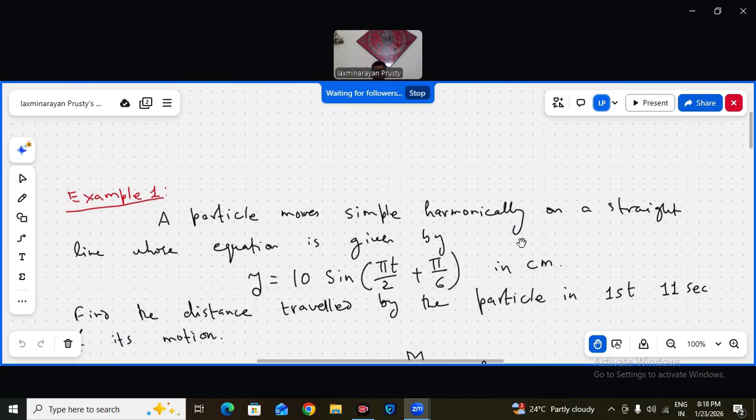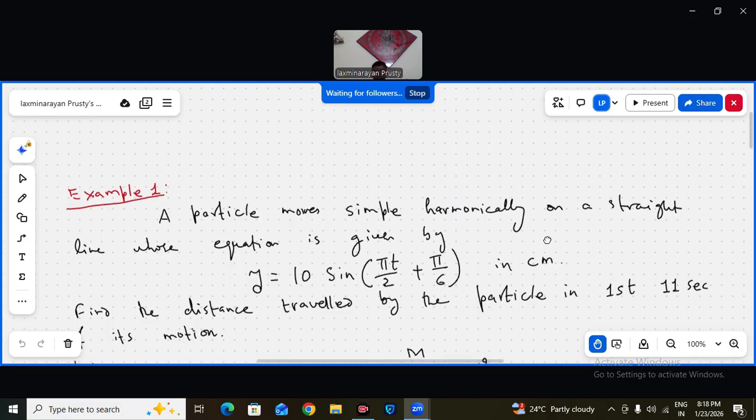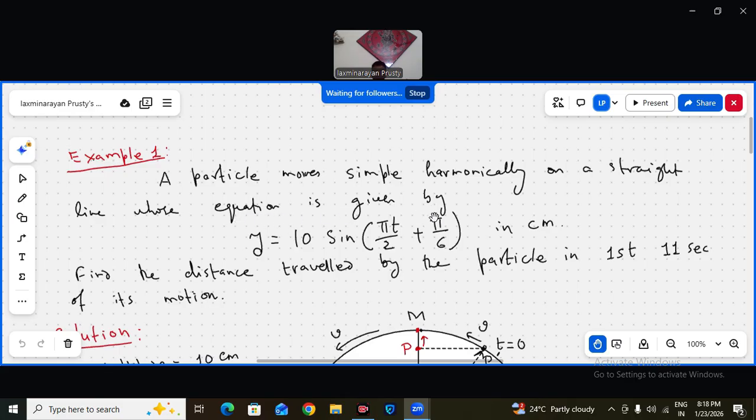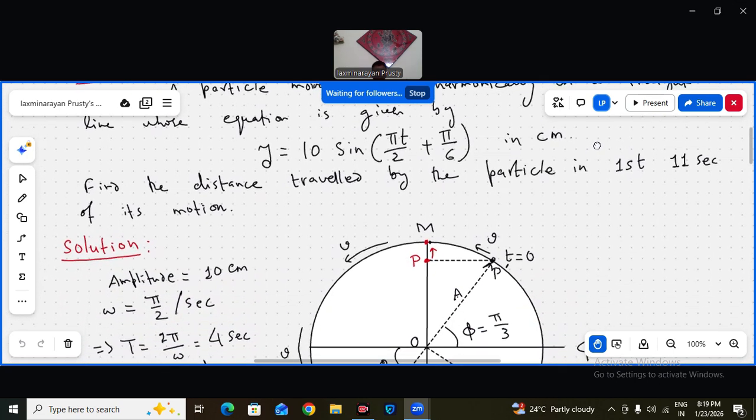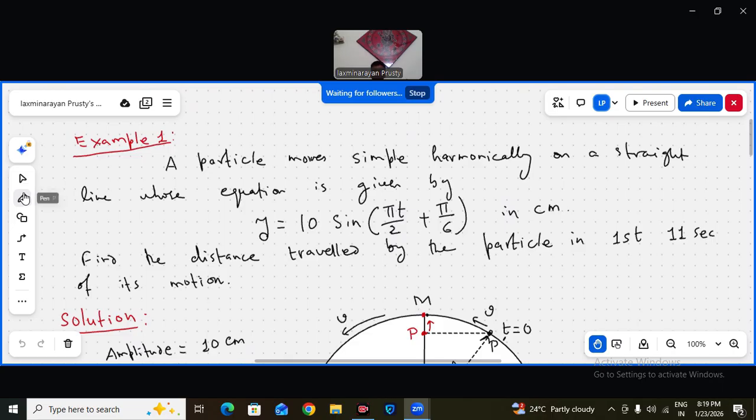Now I am giving an example of distance traveled. A particle moves simple harmonically on a straight line whose equation is given by y is equal to 10 sin of pi t by 2 plus pi by 3, in centimeters. I gave something wrong, let me make it pi by 3.